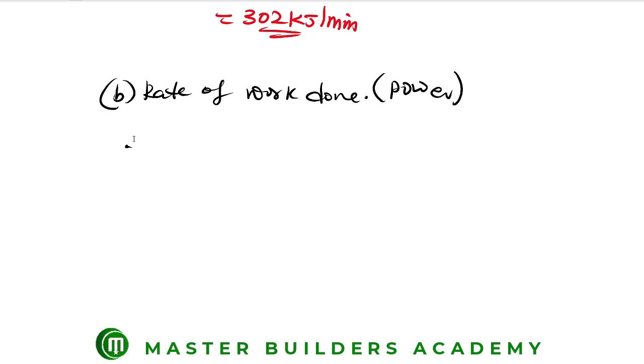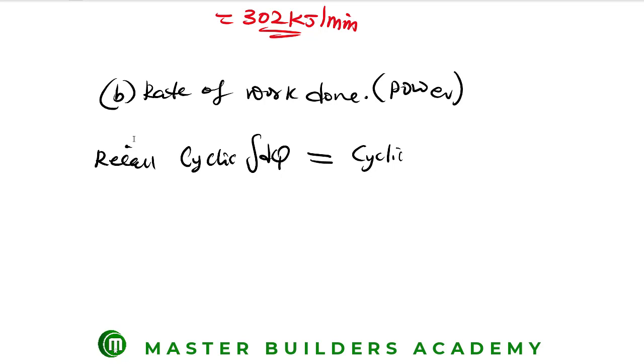Just recall that for a cycle, we used this in one of the problems we solved before: the cyclic integral of Q is equal to the cyclic integral of W. Now it's very, very simple. All we need to do is get only the net heat transferred. So at this point, we just need to put this in its place.